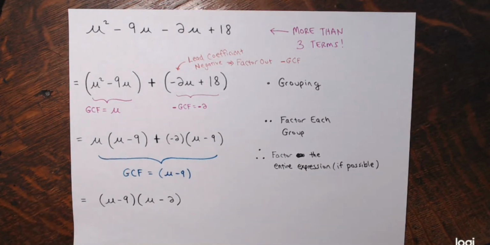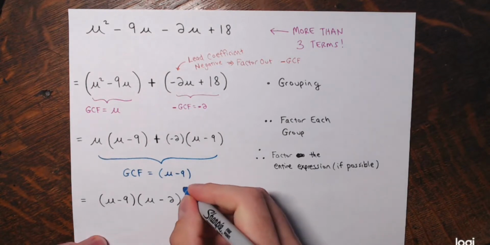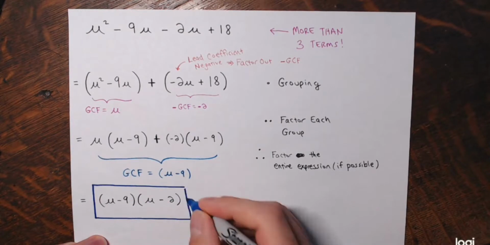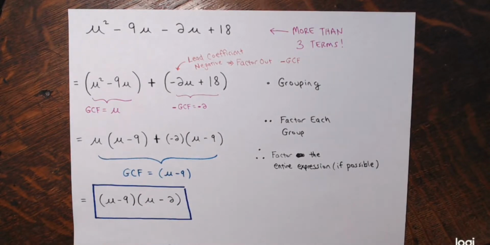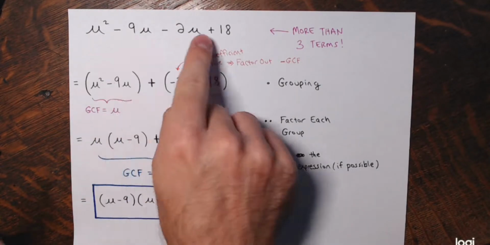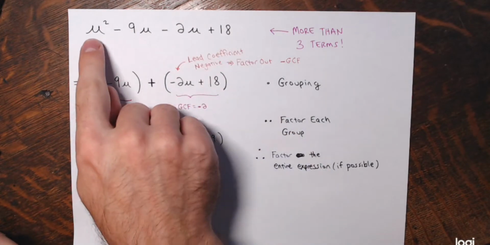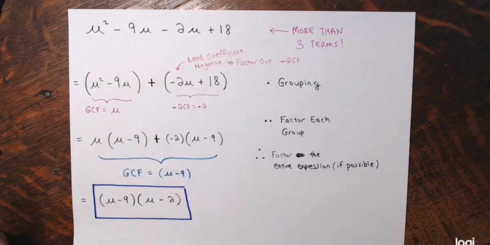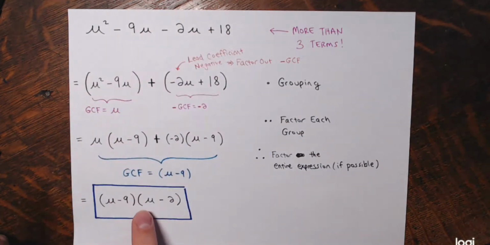There is the original expression completely factored. Right? Remember, factoring means writing as a product. So my original expression is just one big sum, right? u squared plus negative 9u plus negative 2u plus 18. The final expression is a product. One factor times another factor, right? That's what factoring means. Write the original expression as a product.